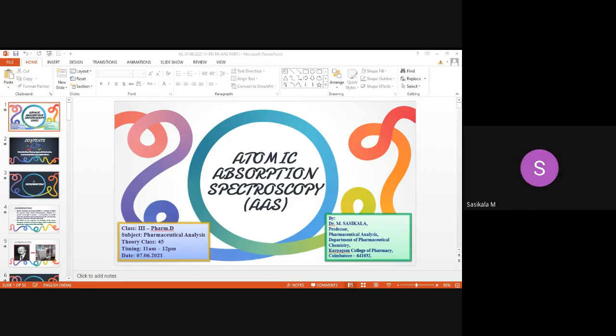UV visible, yeah. In what category does it lie, molecular absorption or atomic absorption? Whether absorption takes place at atomic level or molecular level?